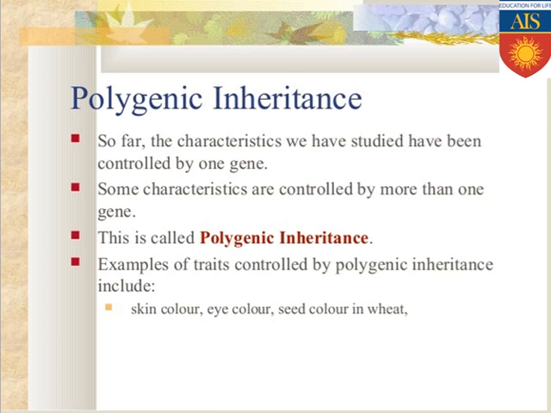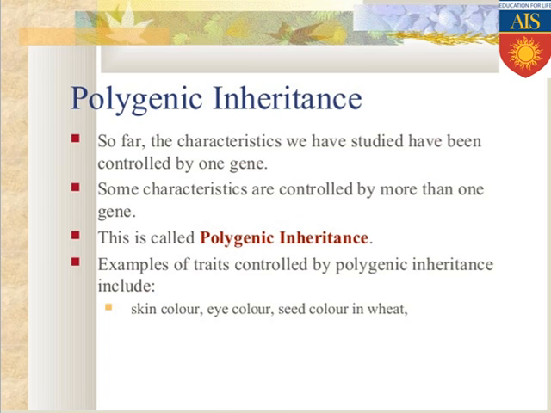So many variations and quantities are present, so these features are obviously quantitative. These features are controlled by multiple genes, and those genes are unrelated most of the time. This is commonly known as polygenic inheritance. Skin color, eye color, seed color in wheat, all these examples come under polygenic inheritance.